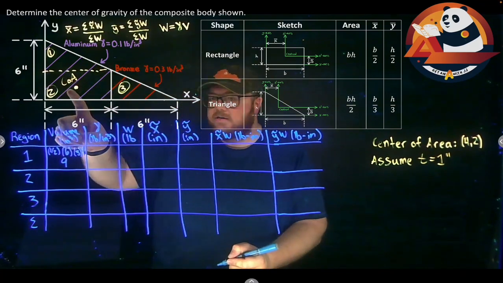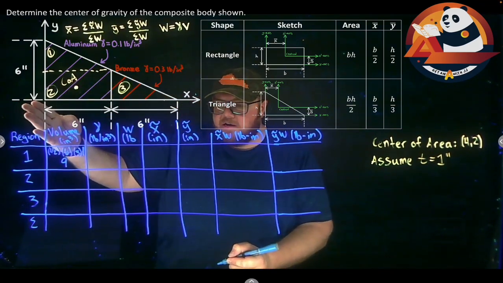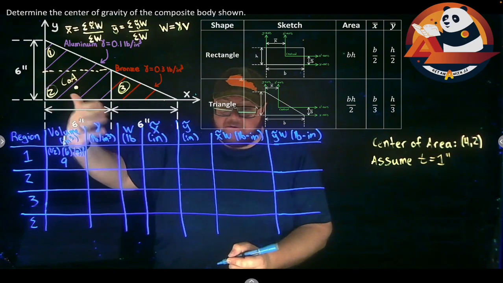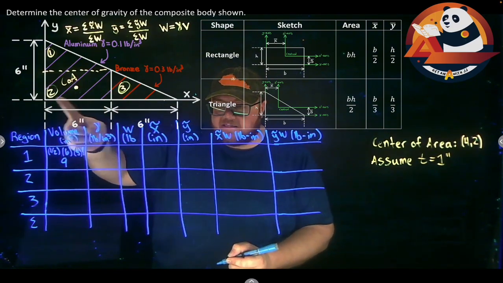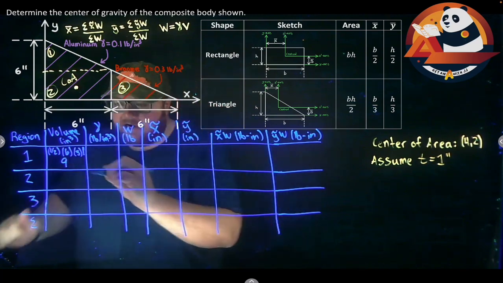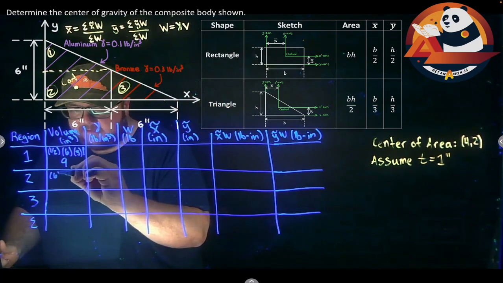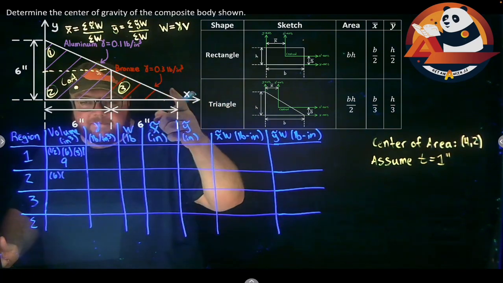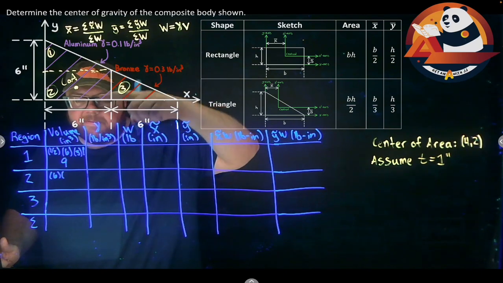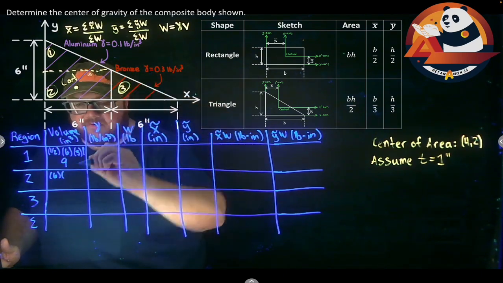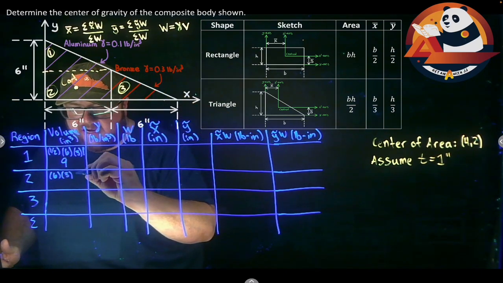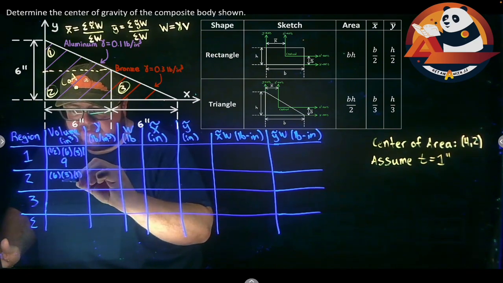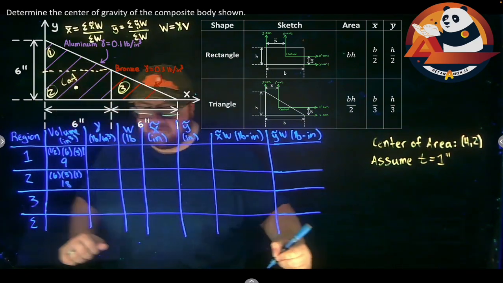For our second piece, shape 2, we're a rectangle, so our volume would be the area, base times height, times that thickness. Our base is 6. Again, if we are halfway into the big triangle, we're halfway up. So 6 inches in means we're 3 inches up. 6 times 3 times 1 is 18.